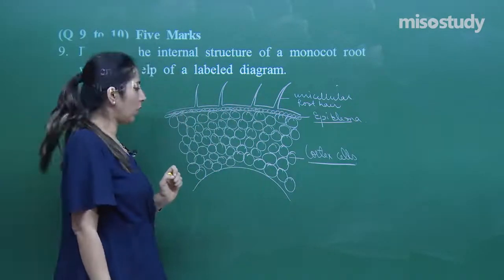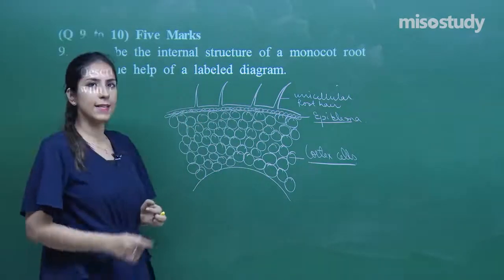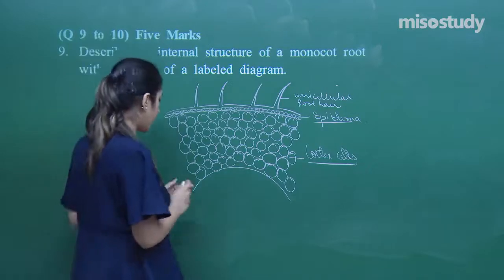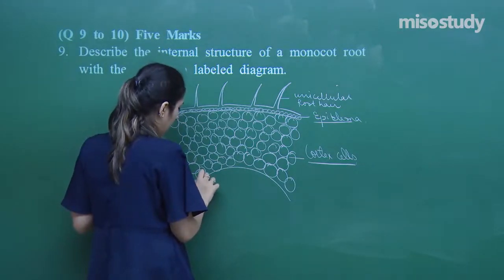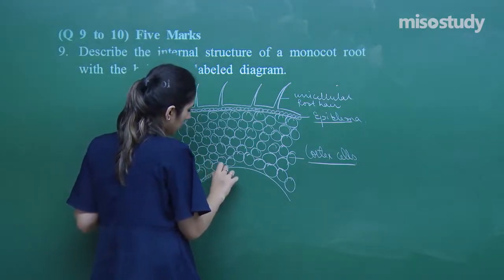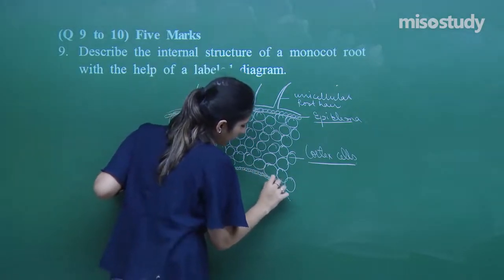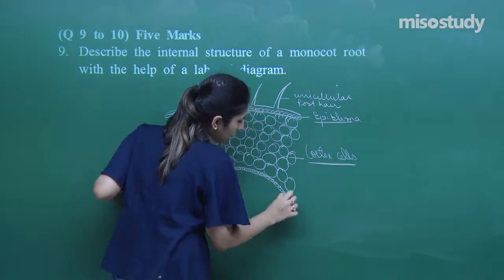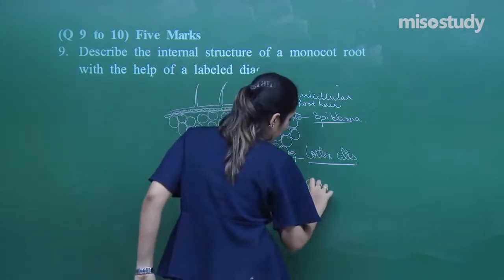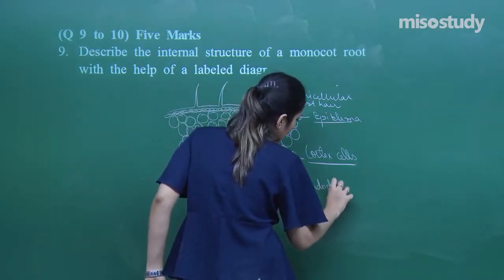Cortex cells. Now, below this, the next layer that is present is called the endodermis. In later stages, the endodermis develops Casparian strips. So, this is the endodermis.